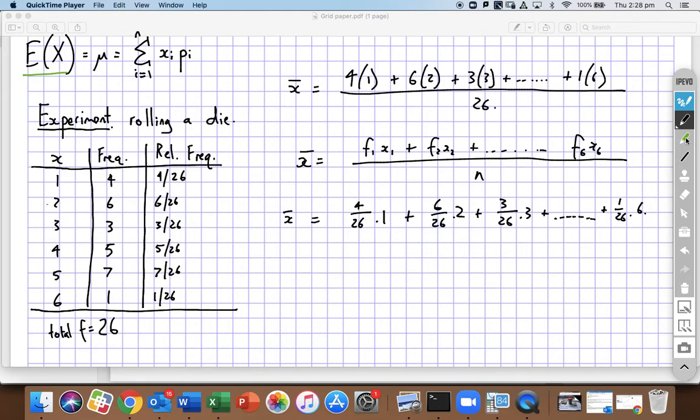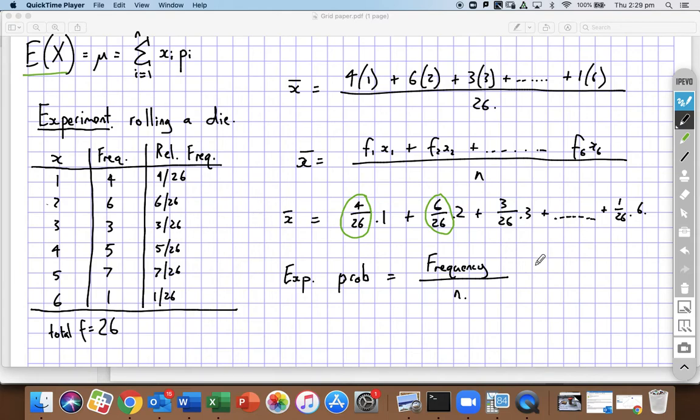Okay, and can you see that when I write these as a fraction, they're the same as the experimental probability, right? There's the 4 out of 26, there's the 6 out of 26. And that's because the experimental probability, or a probability, can be thought of as a frequency divided by n.